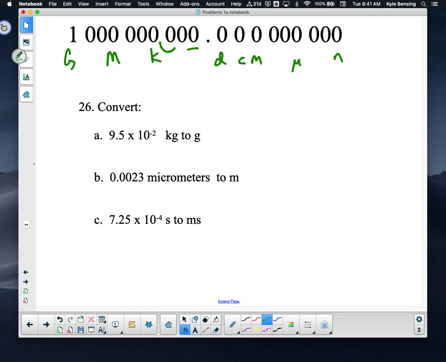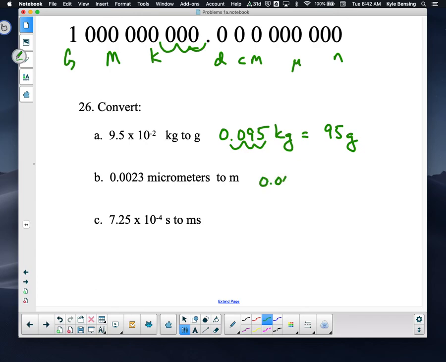Kilograms to grams, I move the decimal place 3 places to the right. So if I convert this to regular decimal notation and then move 1, 2, 3 like that, I end up with 95 grams. There's our answer.